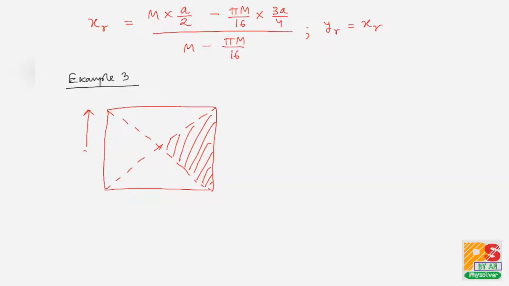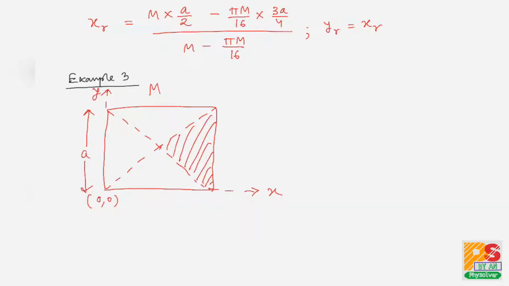Suppose the side of the square plate is A and the total mass is M, and I take this point as origin. This is x-axis, this is y-axis.